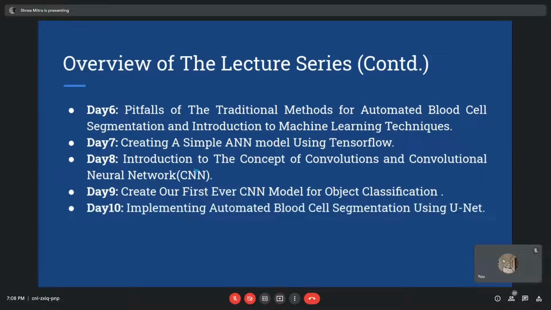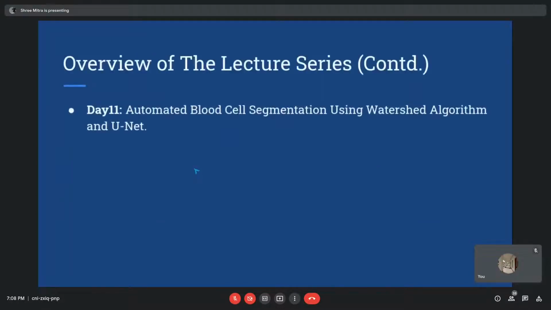In day 10, we are going to implement blood cell segmentation using UNet, which is a very famous deep learning model, basically built for semantic segmentation. In day 11, we are going to see a practical implementation of the watershed algorithm and UNet.